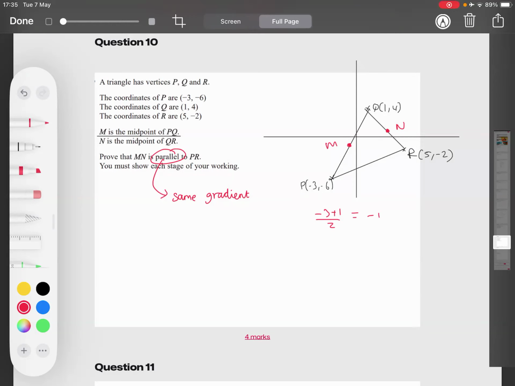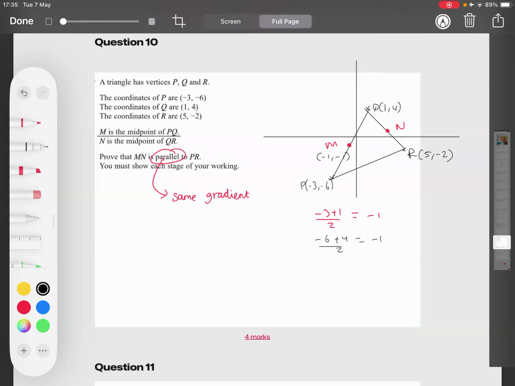There's another way you can count halfway between -6 and 4 if you're stuck. But anyway, -6 plus 4 divided by 2, the mean of those two numbers, is -1 as well, right? So M is -1, -1.